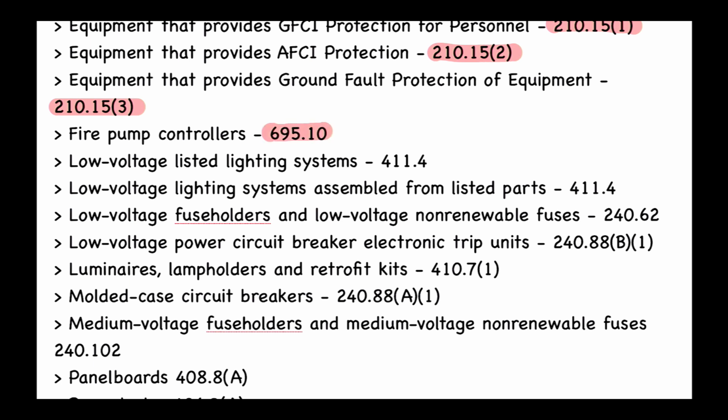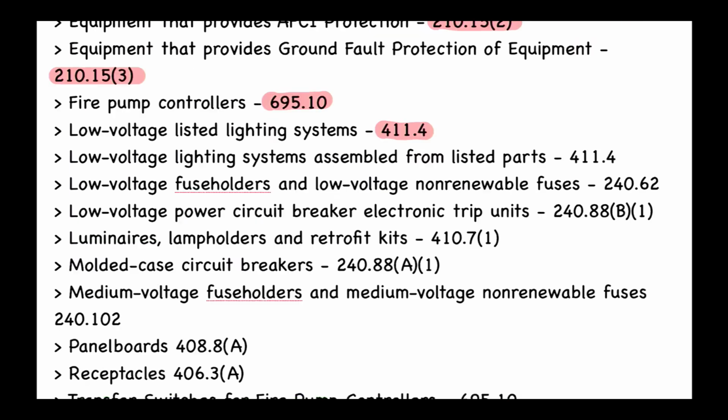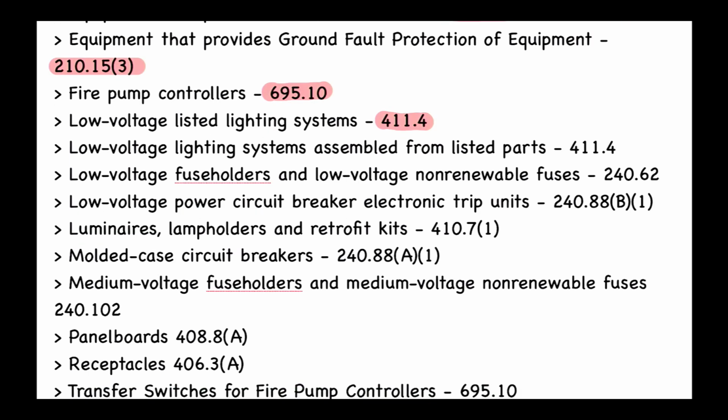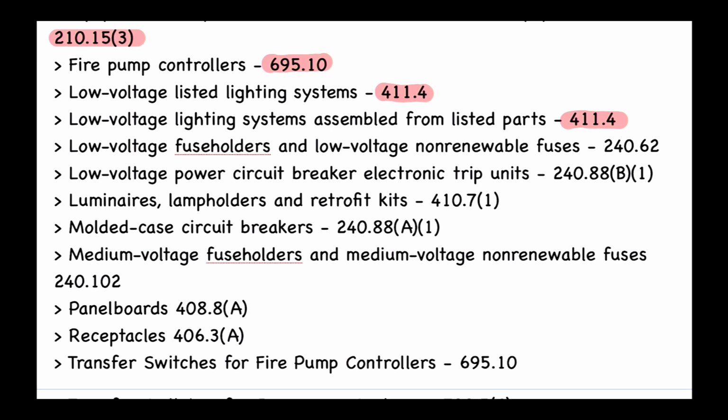Then low voltage listed lighting systems, 411.4. Low voltage lighting systems assembled from listed parts, 411.4. Then low voltage fuse holders and low voltage non-renewable fuses, 240.62.